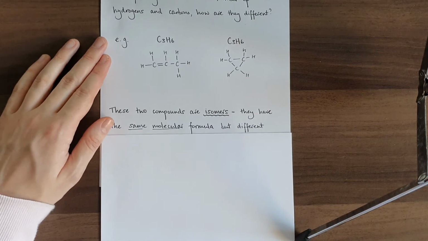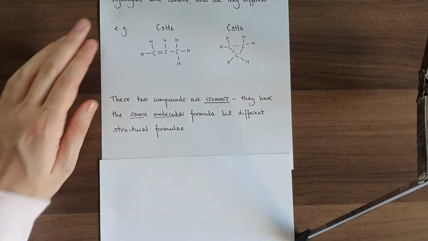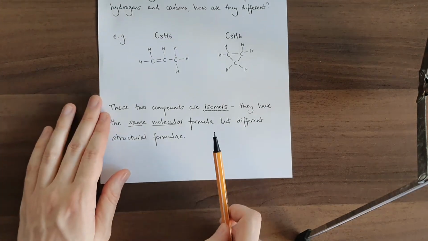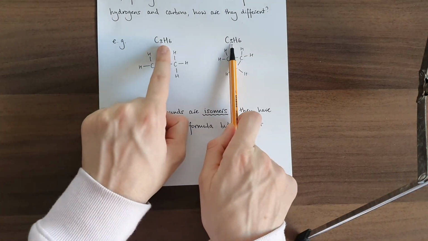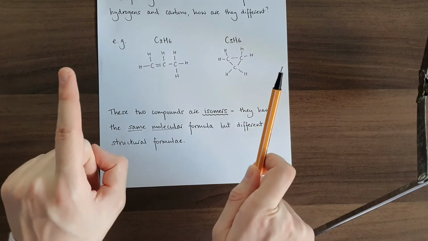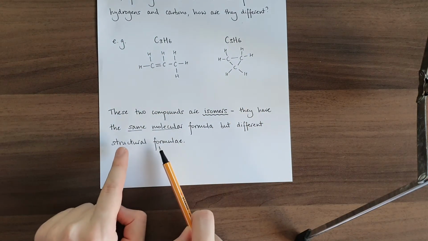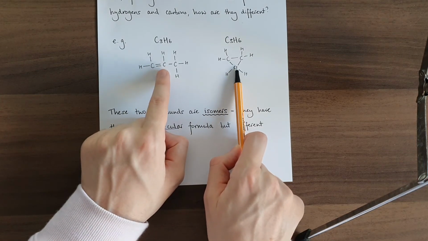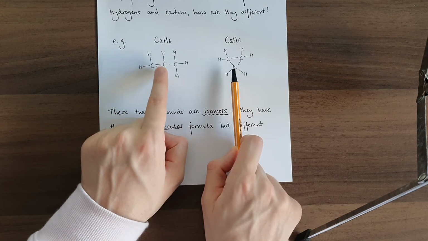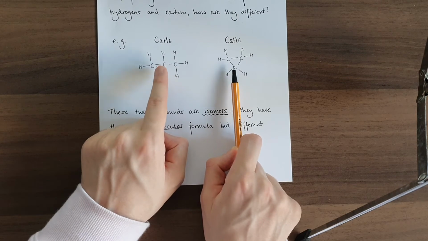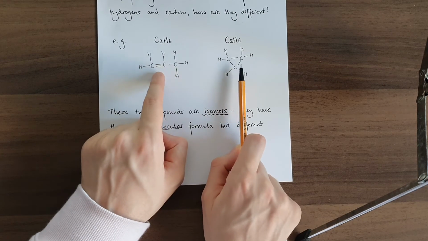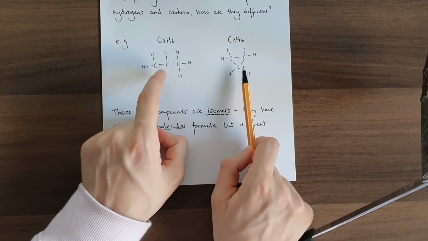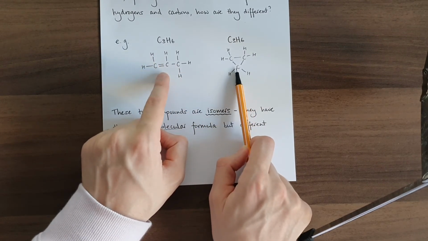Well, if we just look at what we've got in front of us, we have 2 compounds and they have the same molecular formula, C3H6, but a different structural formula, which is shown by these full structural formulae. And that is why the full structural formula is so important, because it tells me all the details, all the different types of bonding that can be involved, exactly how the atoms bond to one another.